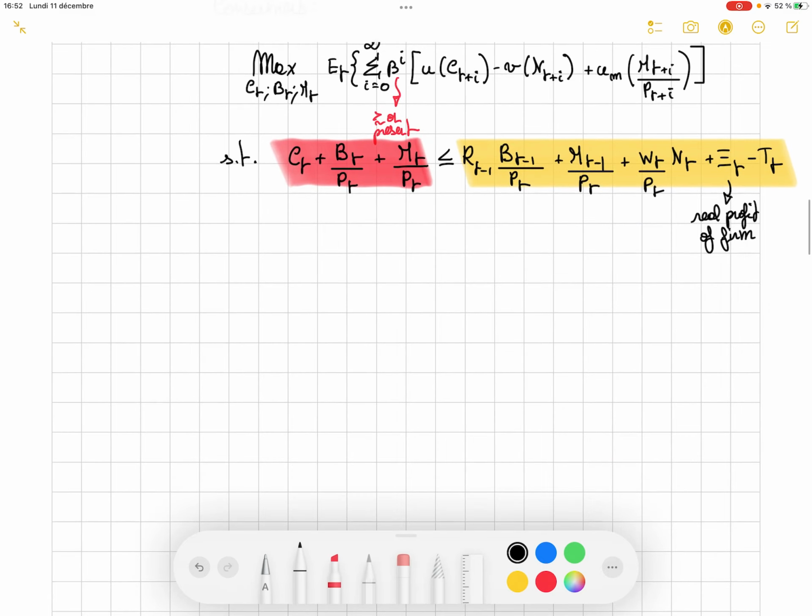And now that we have that, we can take the Lagrangian of this expression. The Lagrangian is a bit dirty, but we have the expectation and beta.